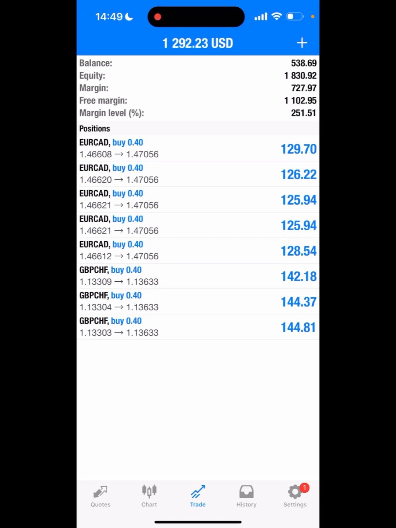This market right here, EUR/CAD, is the pair that I just took today. And then GBP/CHF, I've been swinging this one for 2 days now. It's not been moving. I took this signal on Friday, but it didn't move that much.